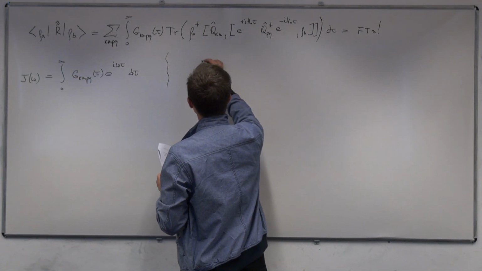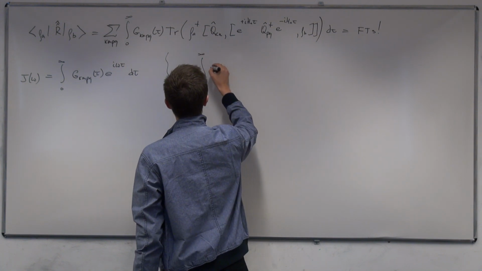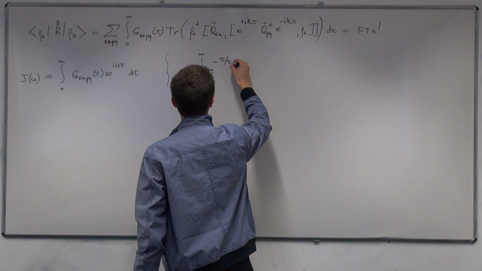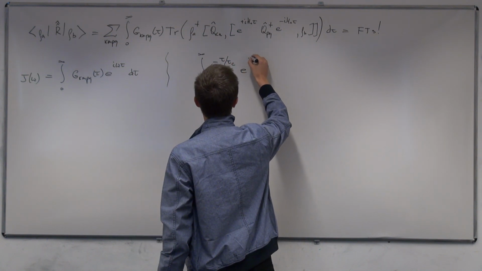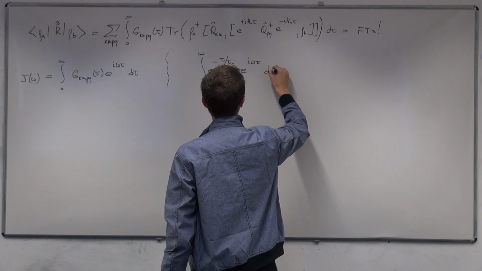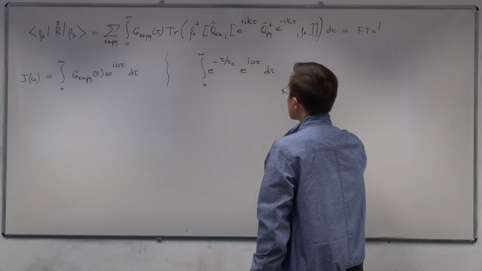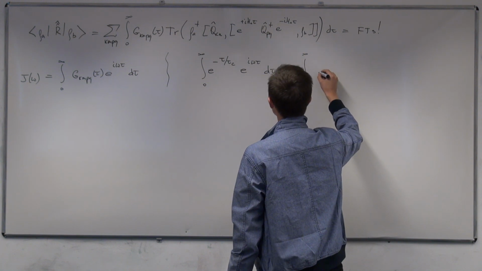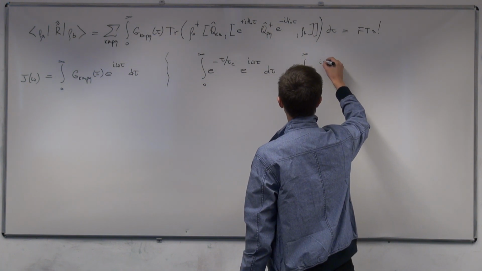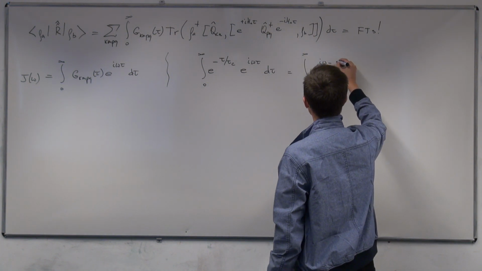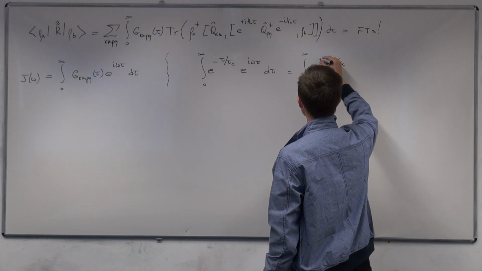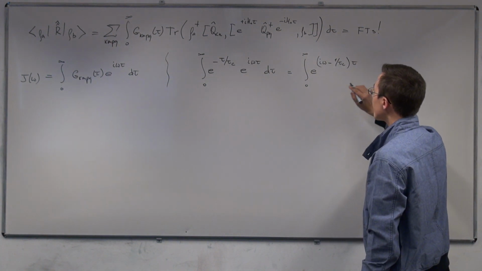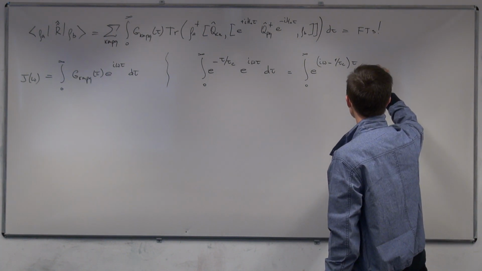So, an integral from 0 to infinity, e^(-tau/tau_c) e^(i omega tau) d tau. Well, we just join together the indices, so that's integral from 0 to infinity, e^((i omega - 1/tau_c) tau) d tau.